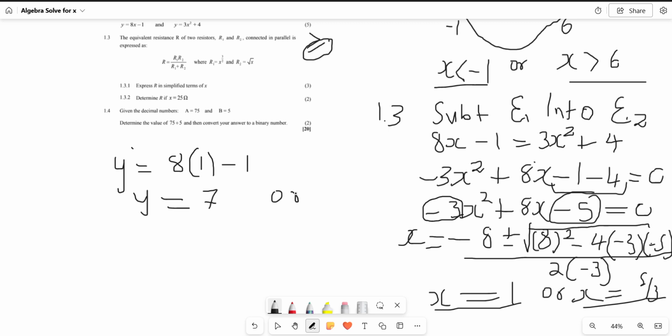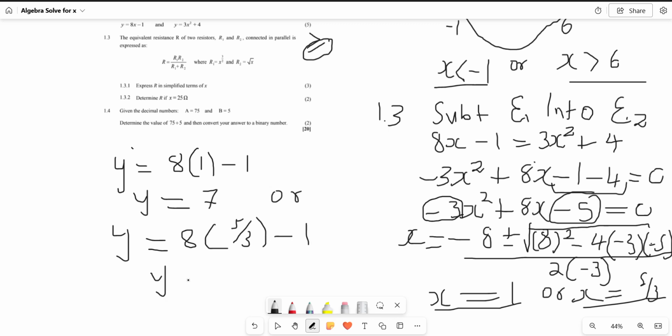Or, using the same equation, we are going to substitute the second value of x. Y is equal to 8, open bracket, 5 all over 3, close bracket, minus 1.